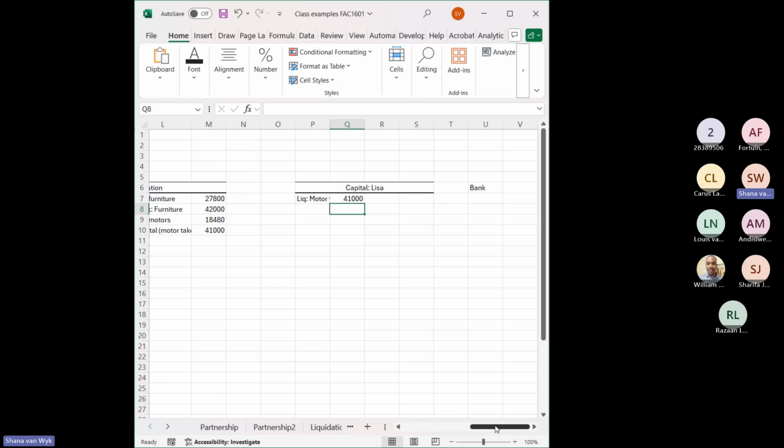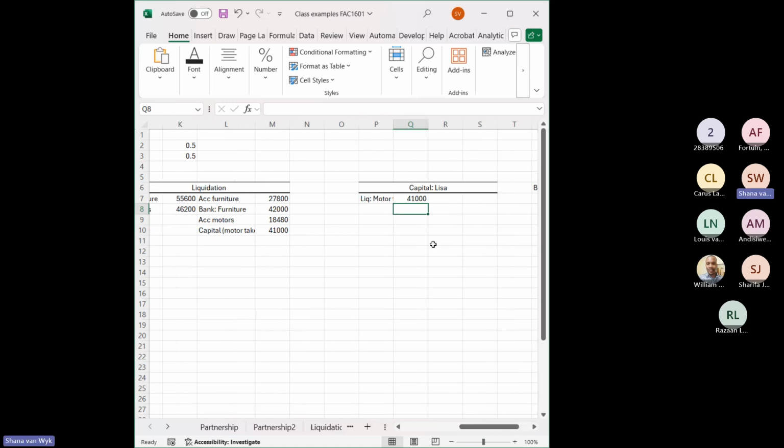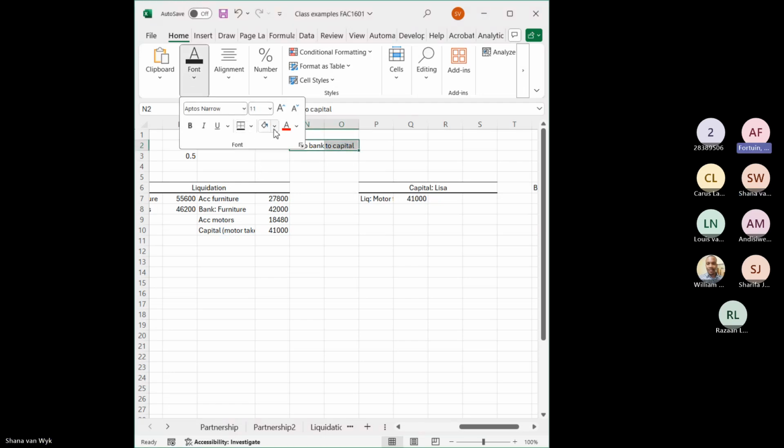If we debit bank, we debit capital. So it goes from liquidation to bank to capital. That's the flow. Let me just quickly look again at mine. Yeah, no, you're right, Shana. So this is the rule. You can move on now. Okay, let's move on. Sorry guys. Next.